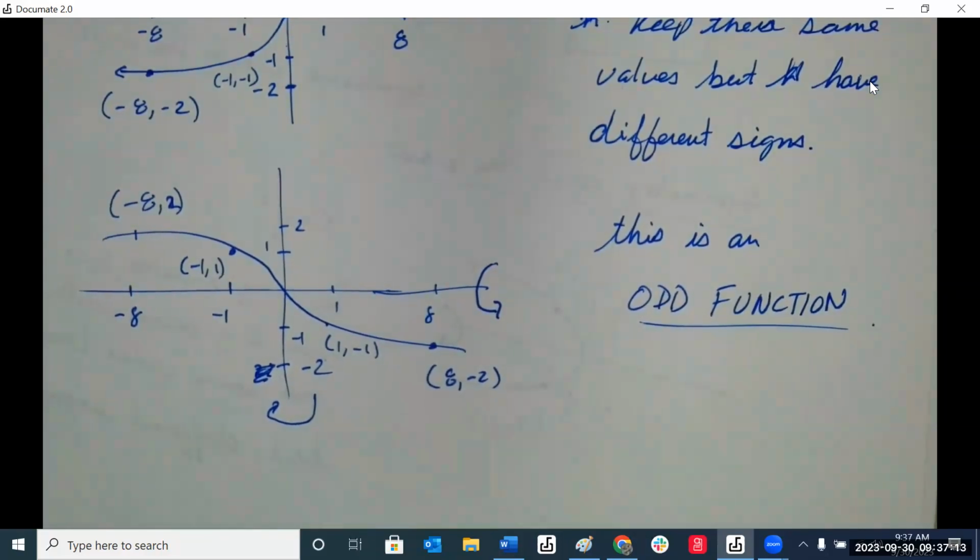So mathematically, how can we distinguish if it's an odd function or an even function?